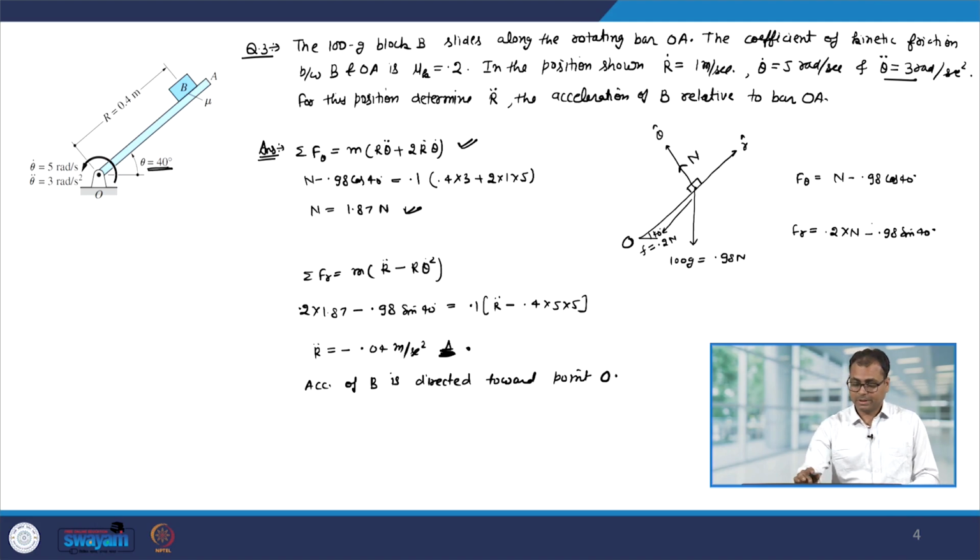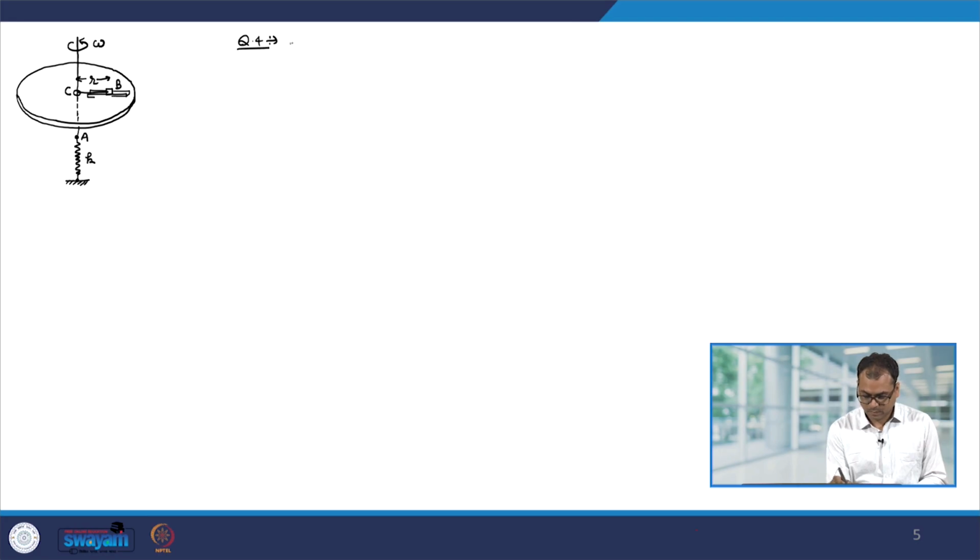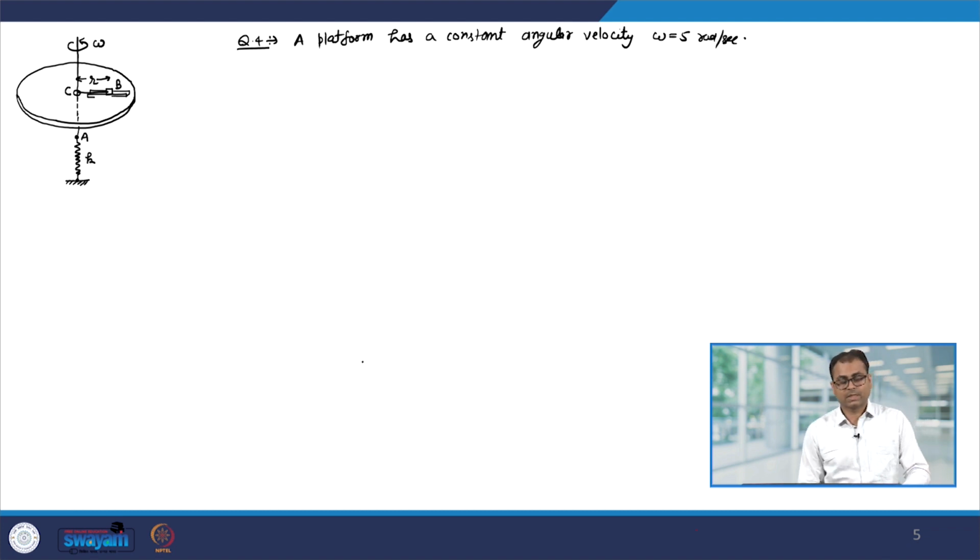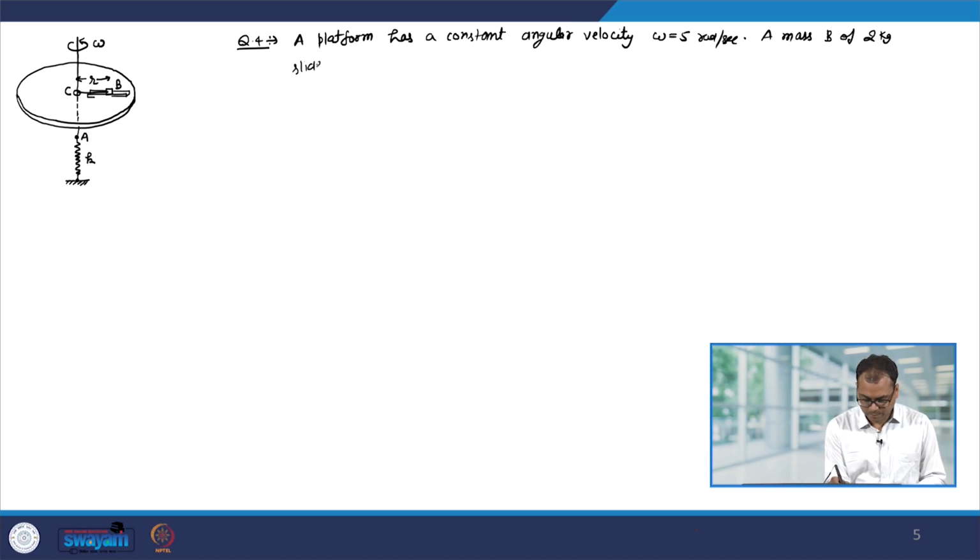Now, let us look at another problem statement, question number 4. A platform has a constant angular velocity omega equal to 5 radian per second, a mass B of 2 kg slides in a frictionless tube attached to the platform.